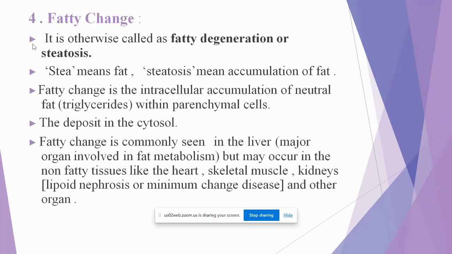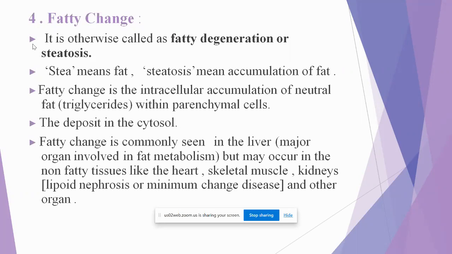But it may occur in non-fatty tissues like heart, skeletal muscle, kidneys, and other organs, like lipid nephrosis or minimal change disease. The major part of the fatty changes happens in the liver.